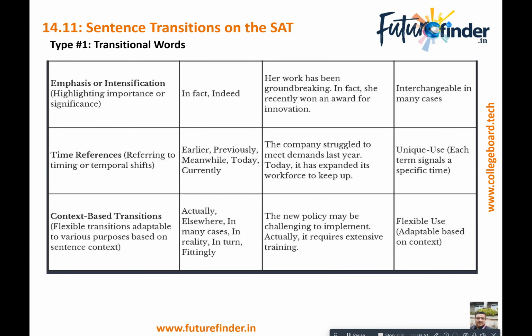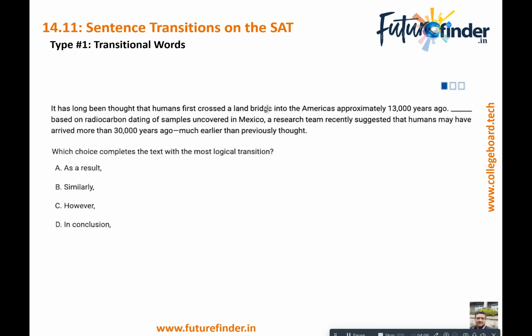These are all basic types of words that keep popping up on the SAT, of which I have made a list. Obviously, the whole list is there in the chapter, so you can go back to the chapter and use it as a sheet to understand how it works. So let's go into some examples.